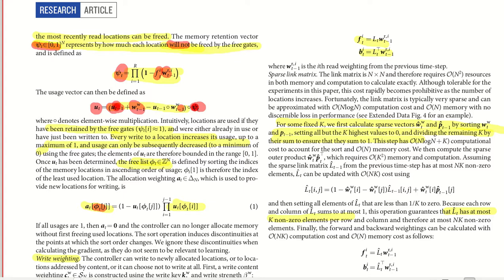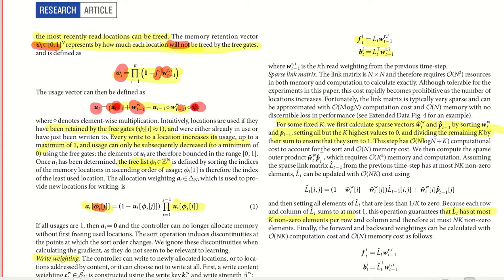And so here, to talk a little bit about what they did, this L is too big. It's a link matrix, it's n by n, and as this becomes bigger, they need too many operations to perform all the machinery that we just discussed.